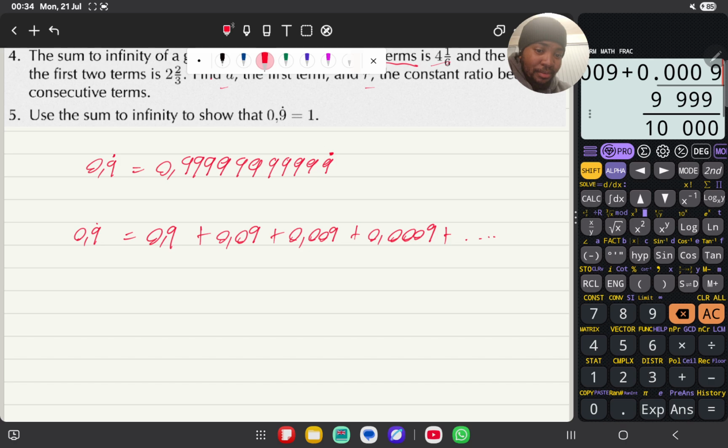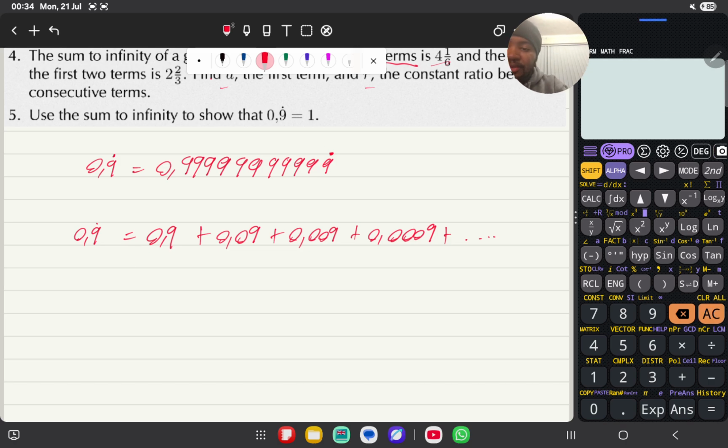Now when we convert these, 0.9 is 9 over 10, right? This one is 9 over 100. This one, 9 over 1,000. This one, 9 over 10,000. And they continue like that.